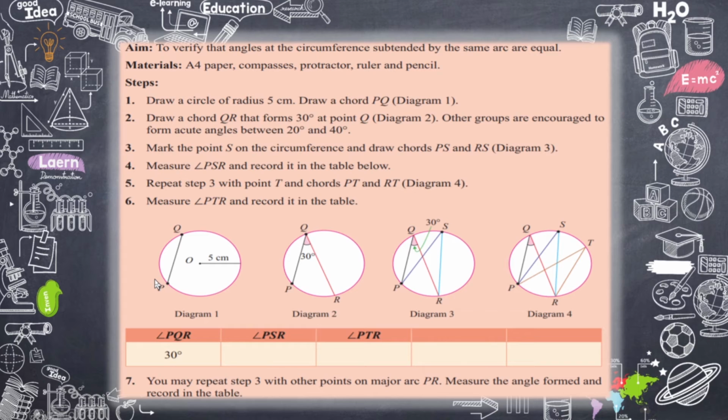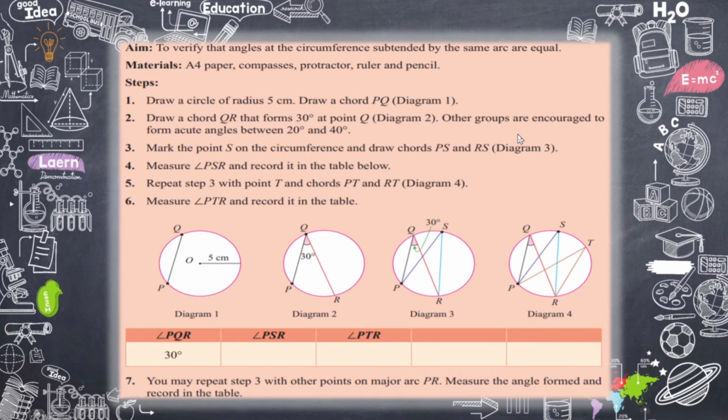Chord PQ. So in step 2, draw a chord QR that form 30 degree at point Q. So on step 2, you might use your compasses, put at the point Q, measure the angle of 30 degree and draw a chord QR.